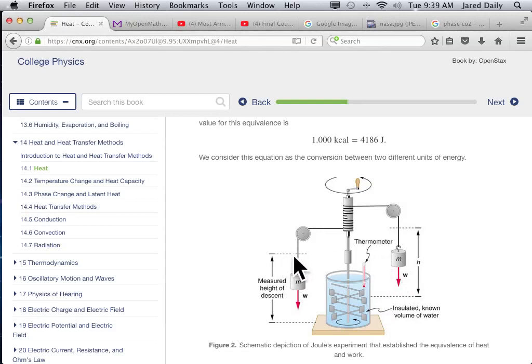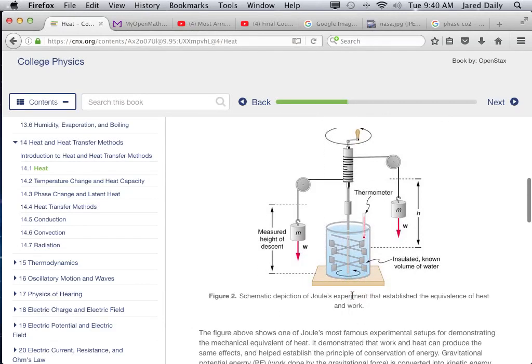And he was able to show that as he dropped these masses from here to here, if he had a well-insulated system, the energy that was lost as you went from a high potential to a low potential with these two masses was the amount of energy that was gained in the water, and he measured that by measuring the temperature. So very different kinds of energy. We've got potential energy gravitationally, turning into kinetic energy with the paddles, turning into thermal energy in the thermometer.